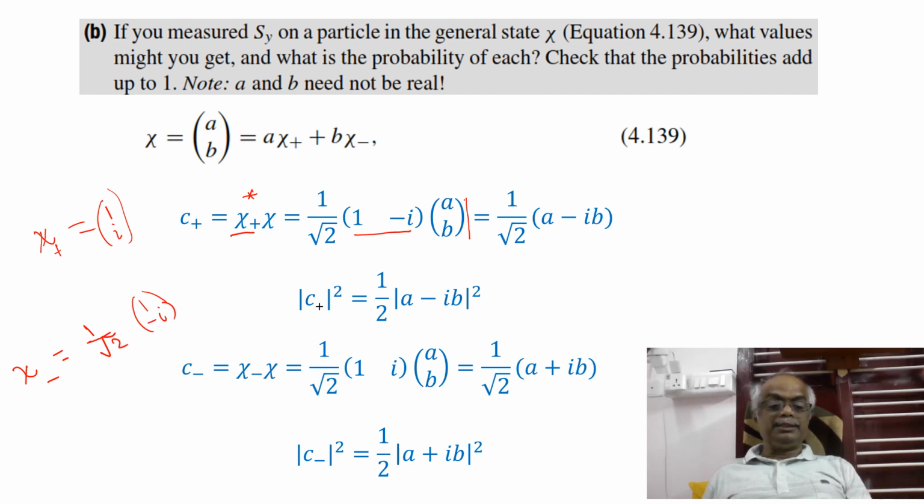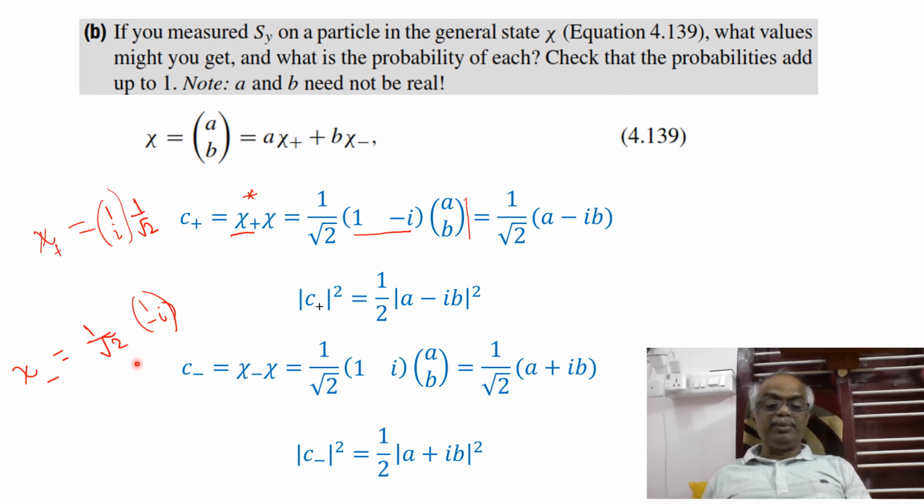I forgot to include the 1 over square root 2 earlier, so here also 1 over square root 2. Since the first one is always the complex conjugate, the column matrix becomes a row matrix and minus i becomes plus i. Chi is the column matrix A, B, so multiplying gives 1 over square root 2 times A plus iB.